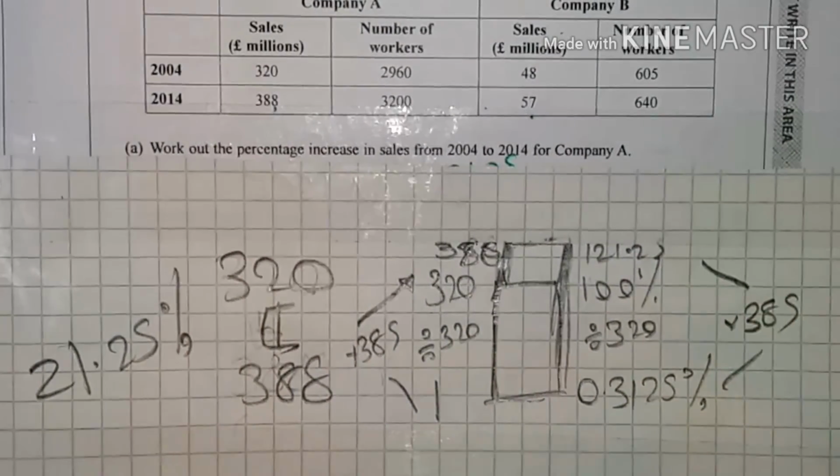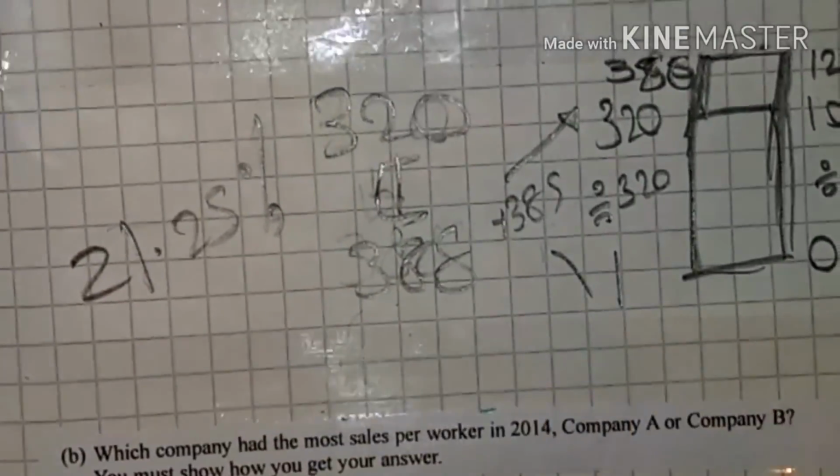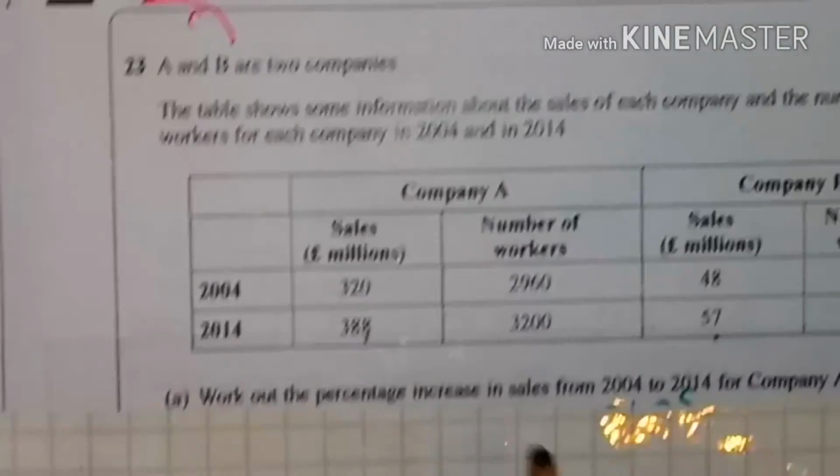Second part of the question. Which company had the most sales per worker in 2014, Company A or Company B? I'll be honest, I've never heard of the unit sales per worker, but essentially I know that per means divide, as in percent, you divide by 100, or miles per hour, you do distance divided by time.